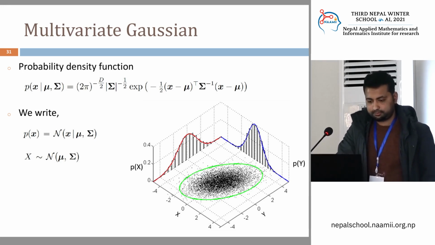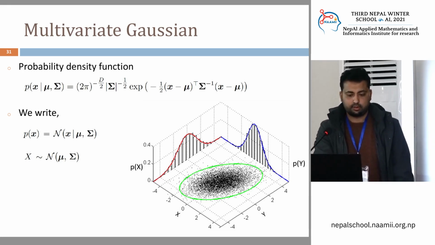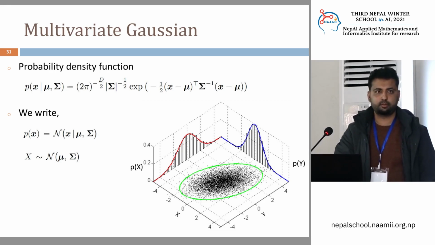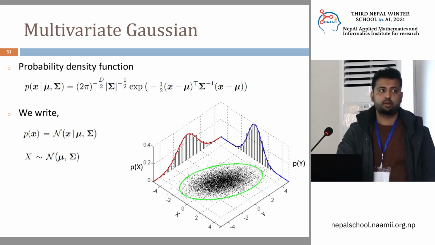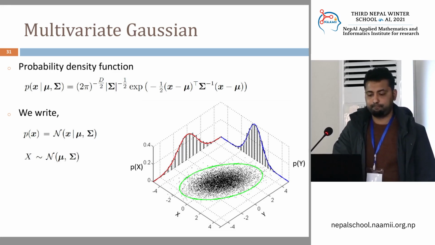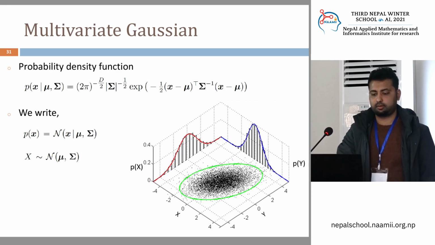Okay, so, first of all, the multivariate Gaussian, which is an example of a continuous probability density function. This is the equation. I guess you are familiar with it.